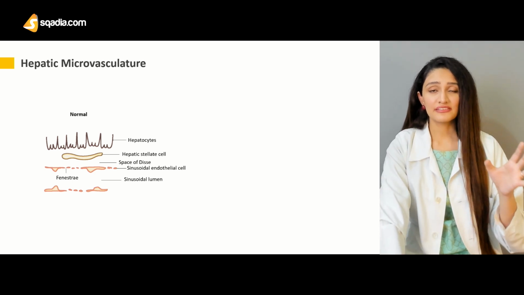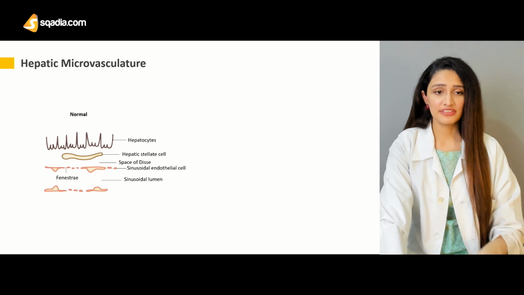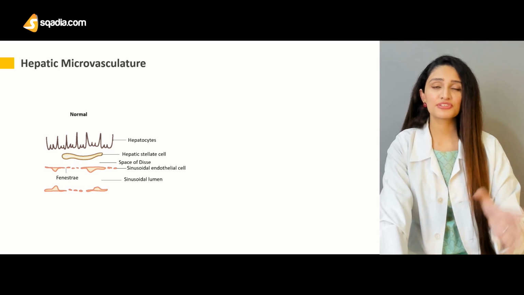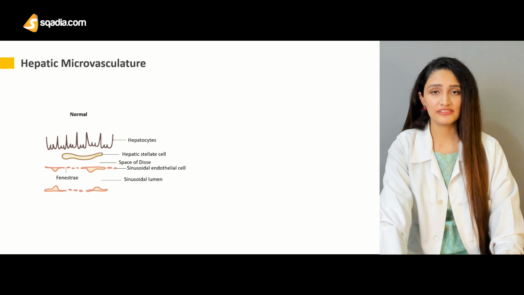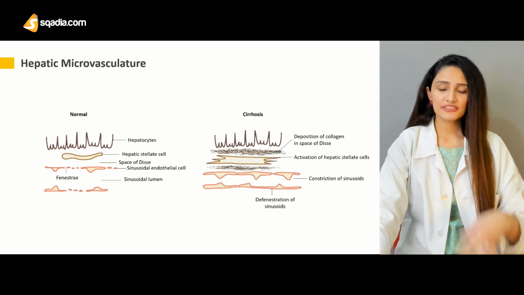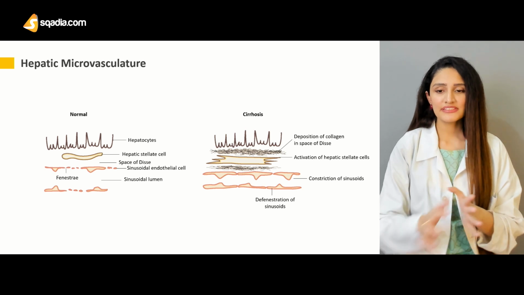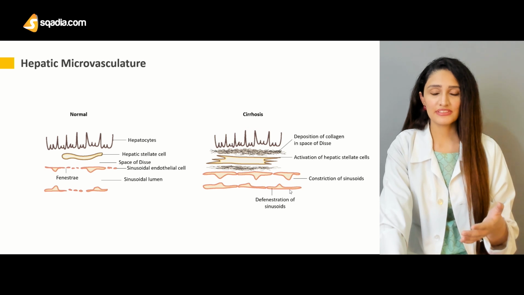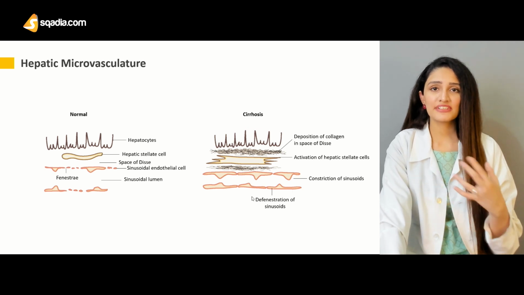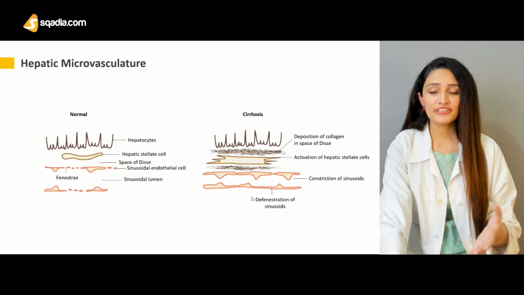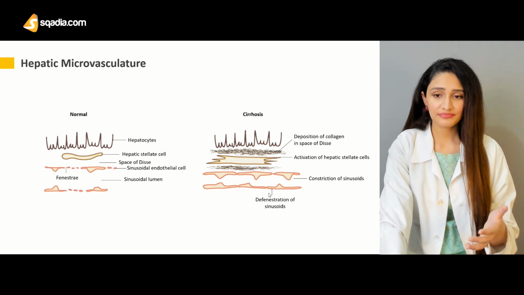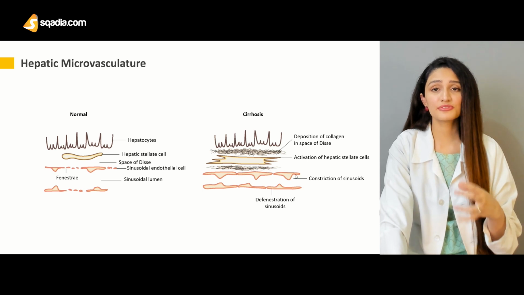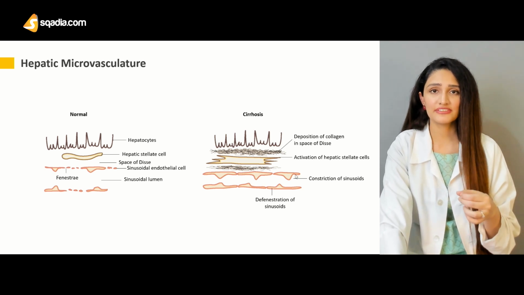So this is a picture at the molecular level. This is the picture of a normal sinusoidal microvasculature. If we talk about cirrhosis, the fenestrations within the sinusoids are diminished, and defenestration occurs. There are also constrictions of the sinusoids.